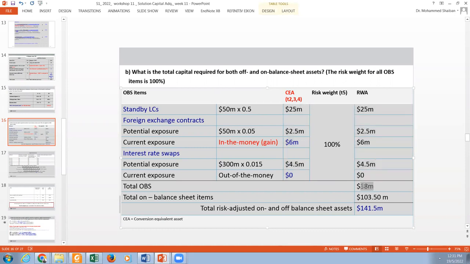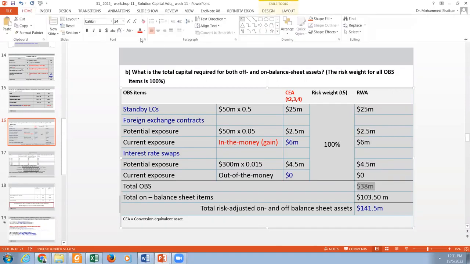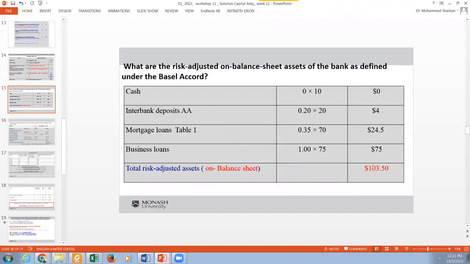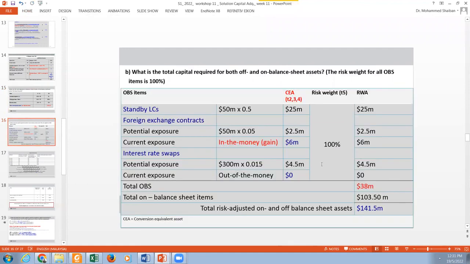Now I am done with the on-balance sheet and off-balance sheet credit risk. In the exam, if you manage to do this, most of the students have problems here.